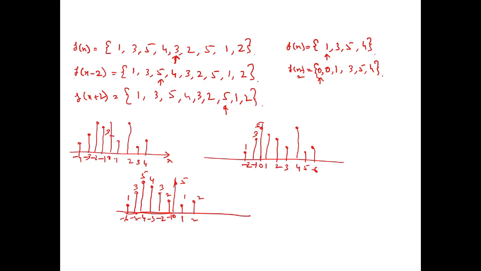So the same thing, if you see f of n equals to 1 3 this thing, suppose this is the pivot. Okay, if I have to delay the signal, I have to move this pivot to the left hand side. So we have moved this pivot to the left hand side. Now this is the origin. If you see, the signal is starting from here. Okay, so advancing by 2 units, we have put it over here.